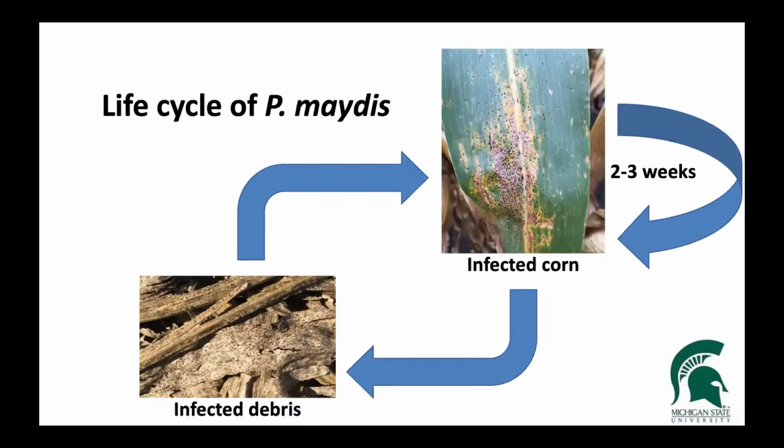It survives in the infected crop debris. We'll talk a little bit later, though, that once it's in the debris in a region, it gets into the air and can be transported some distance in the air. So it's not just a matter of the field where you have debris, are you having risk?